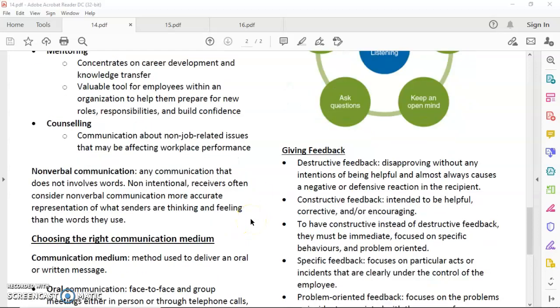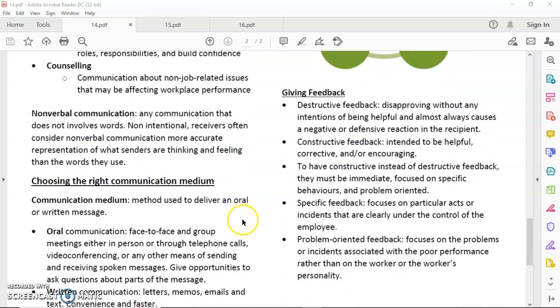After, the nonverbal communication, or the communication that doesn't involve any words, so it's non-intentional. Receivers often consider nonverbal communication more accurate and representative of what the sender is thinking and feeling than the words that they use.